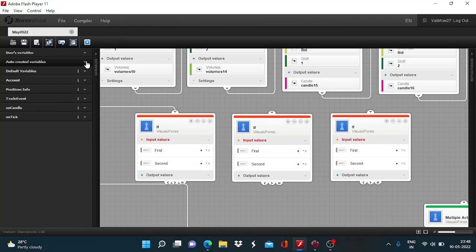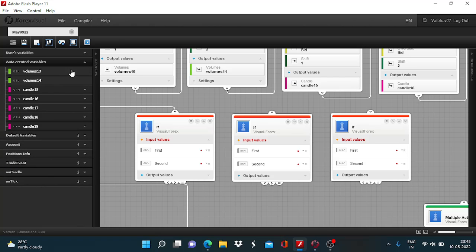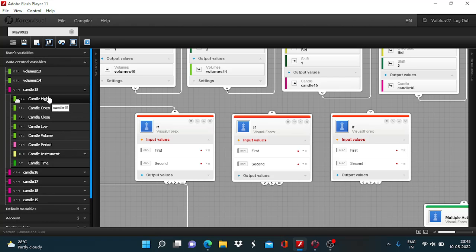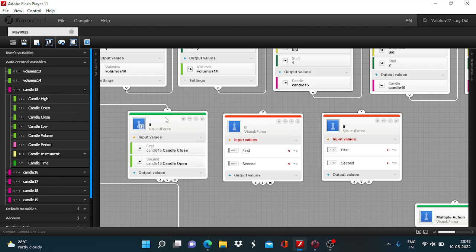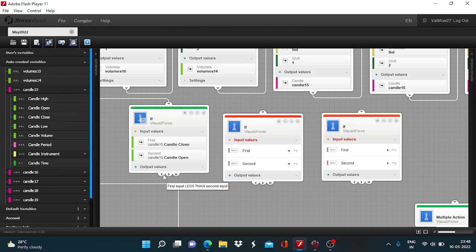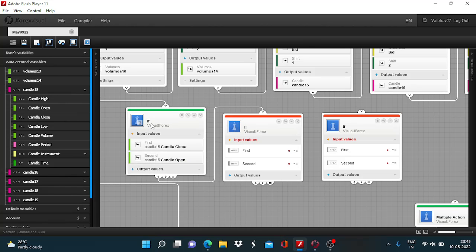With the auto-created variable, candle 15 candle close needs to be lower than candle 15 candle open, and it is going to be first input less than second input.